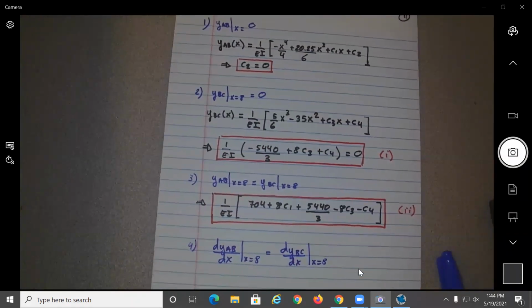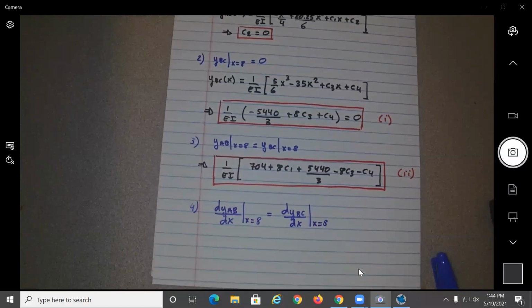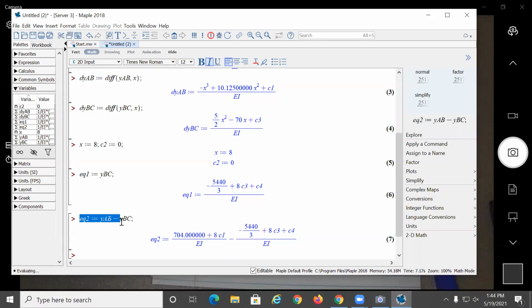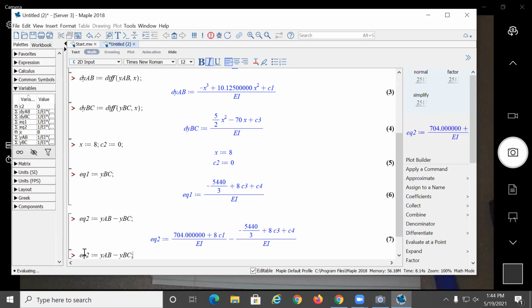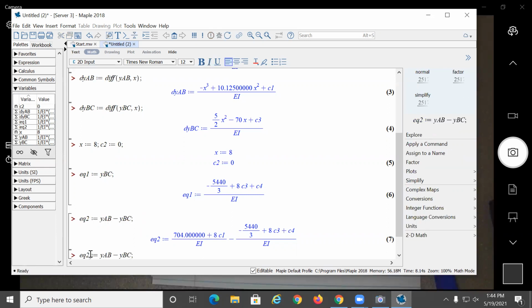Okay, now go to Maple, do this calculation, and basically it's the same thing as this equation here. So I can just do this, but instead of using y, what do I need to use?